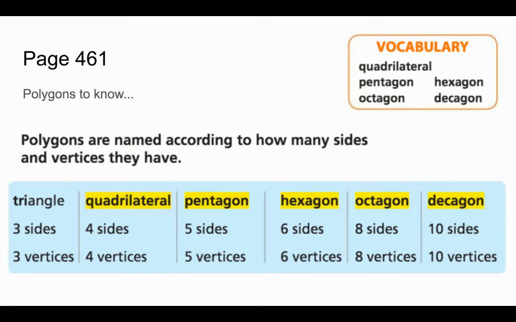So third graders, you are going to pause the video so that you can look at each of the polygons, list the number of sides, the number of vertices, and also to name it. Make sure you finish page 460 and 461 because I'm going to share the answers with you in just a second. Pause the video.